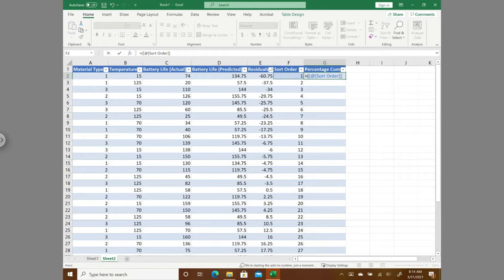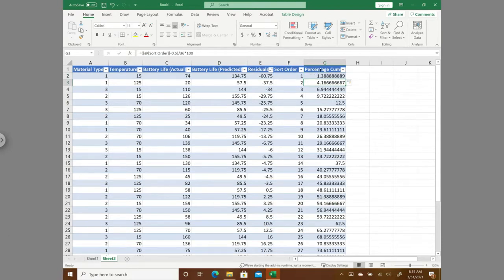It's always the same formula for all different problems. It's sort order minus 0.5, always, right? Sort order minus 0.5, parenthesis closed, divided by the total number of observations. So we have a total of 36 readings, so divided by 36, and since we want this in percentage terms, we can multiply by 100. So that's the formula.